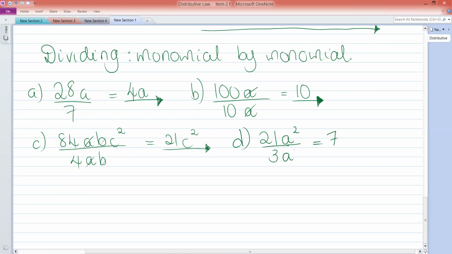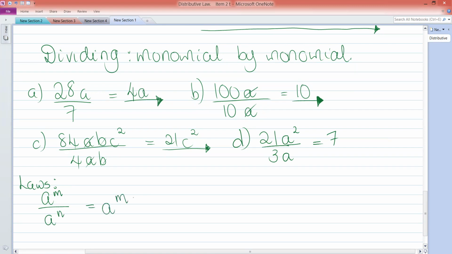Now, remember it was earlier in the year. What did we do when we were dividing bases which are the same, but they have a different exponent? It's one of our exponential laws. When you have a to the power of m divided by a to the power of n, this becomes a to the power of m.